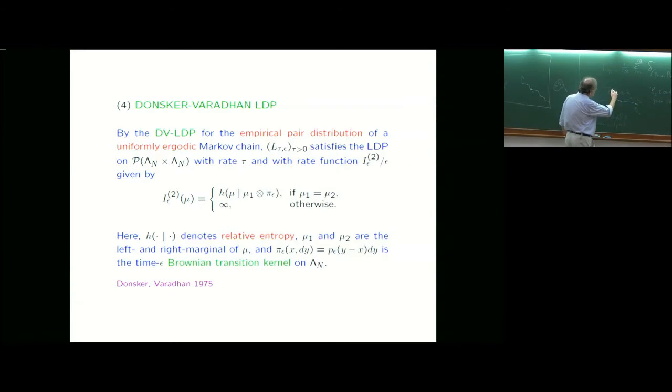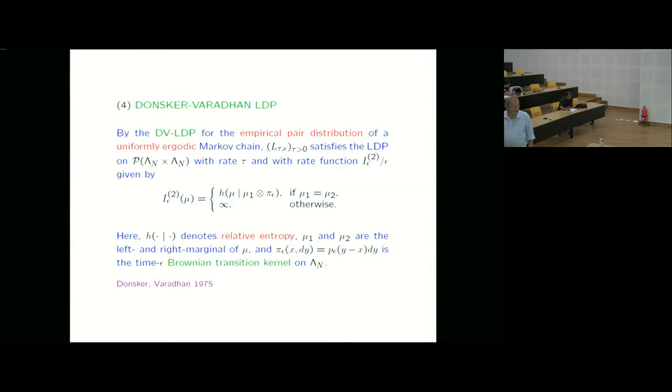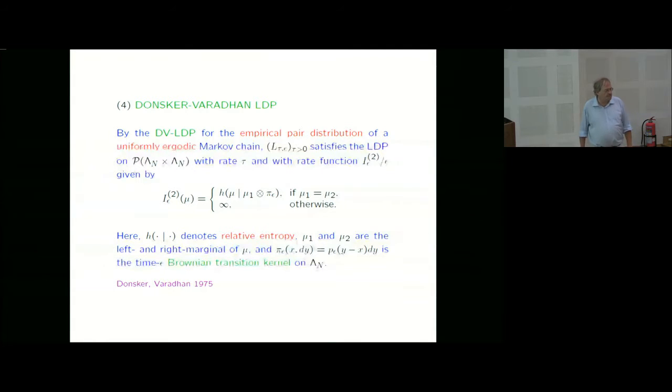So if I'm just interested in the empirical distribution of these points, then take the measure, take the left marginal, and then propagate this left marginal with the heat kernel over a length epsilon, because that's what Brownian motion is doing here. And this is standard. This is part of the very first series of papers that Donsker-Varadhan wrote about large deviations for Markov processes. So we know what large deviation principle this thing satisfies.